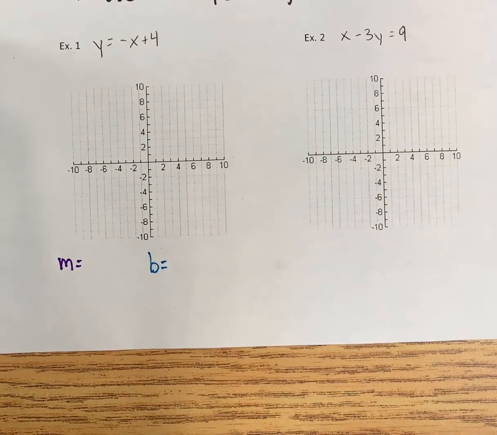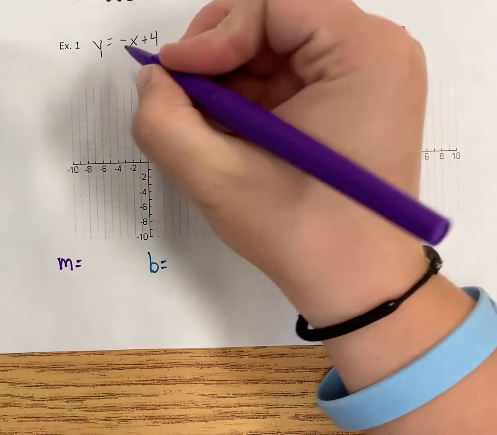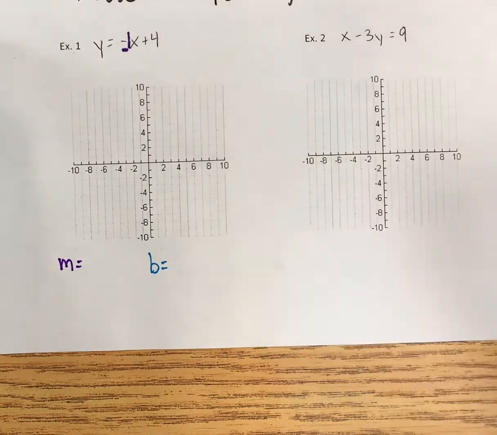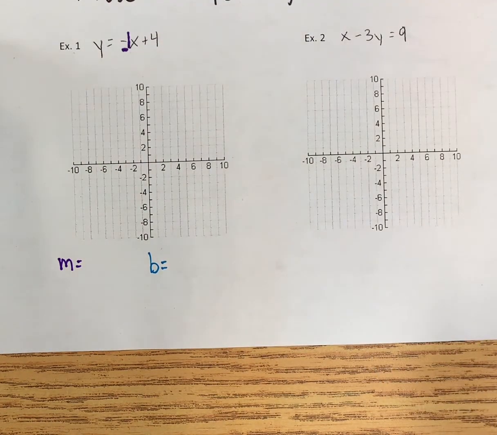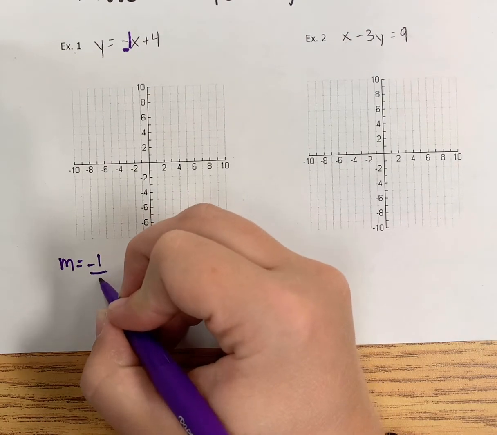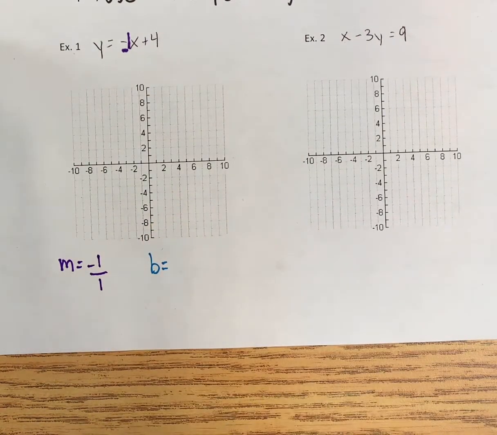The slope is whatever number is in front of your x. Notice here, in front of my x is just that negative. If there's nothing there in front of the x, that's like a 1, so you want to think of this as a negative 1x. So your slope, which is rise over run, is negative 1 over 1.